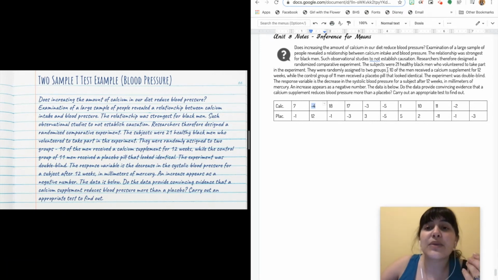They were not siblings. They were not from the same family. We don't know if they were from the same area, or if they had similar health issues. They also didn't have each person take both pills in a random order.